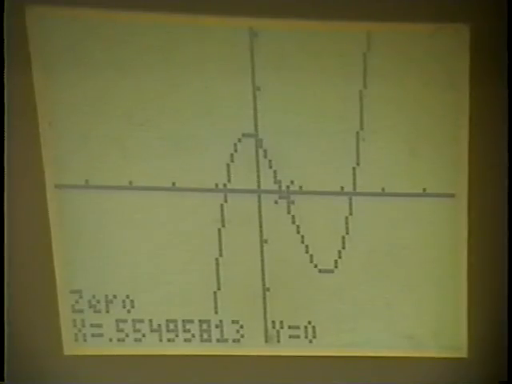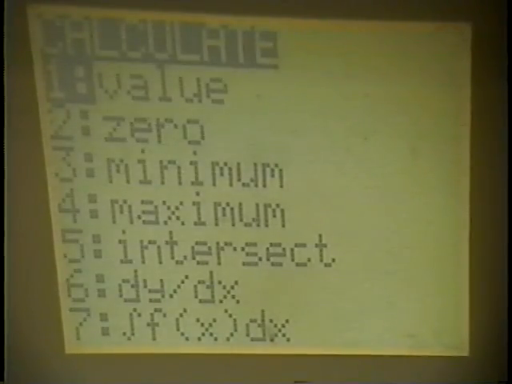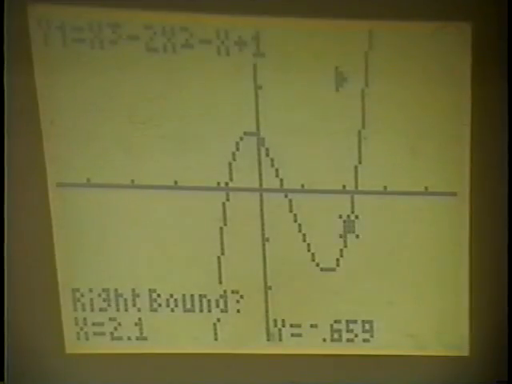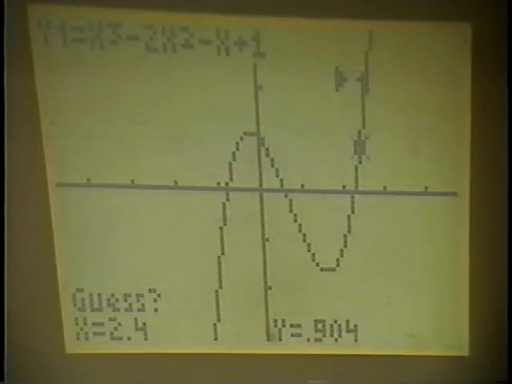And repeating this again, second and calc, 2 for 0. But let's move it over to the root here. I want a left bound, let's say over here. That's clearly to the left of the root. I want a right bound, and then a guess.